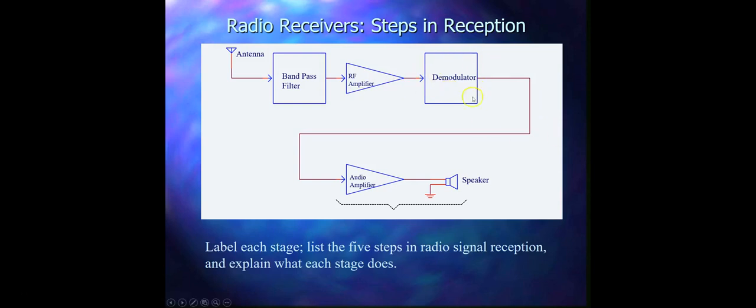The function of the demodulator is to separate the carrier frequency from the information signal, and that information signal, which is our main message, will pass to the audio amplifier and further to the speaker, where we receive the information signal. Next, we are going to see the demodulator, or the AM detector, in the next slide.